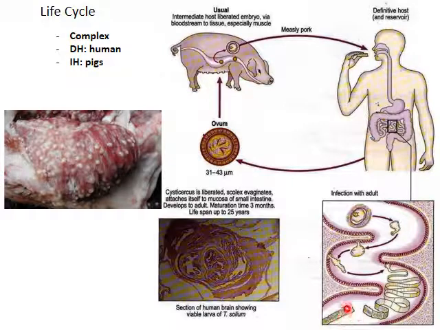This gravid segment might then rupture in the intestine or perianal region, or when it comes outside to the environment. Along with the gravid segments, the eggs might come into the environment via the feces.